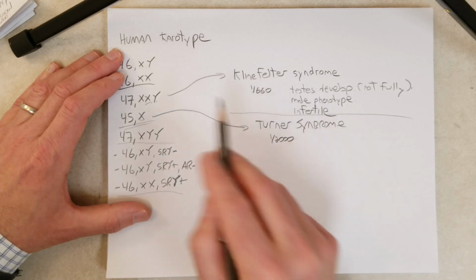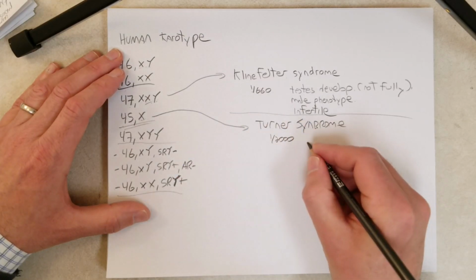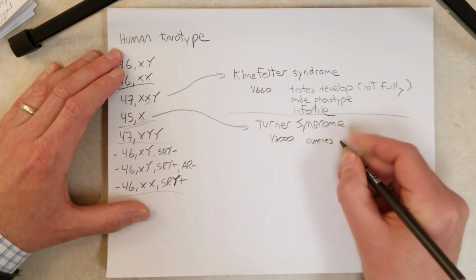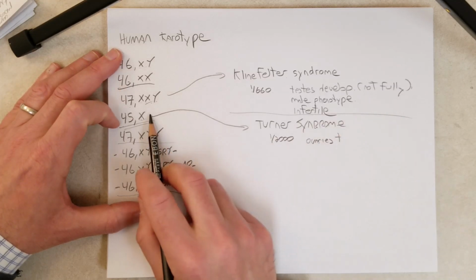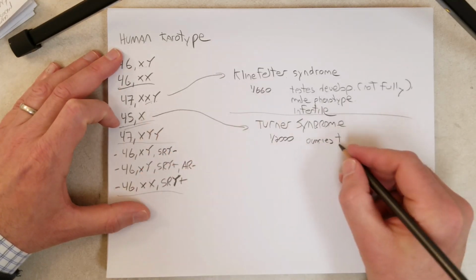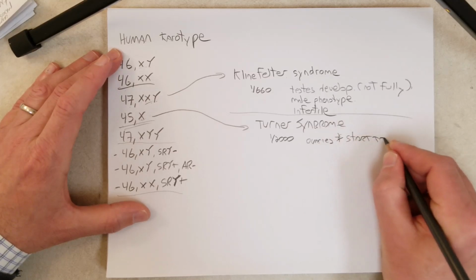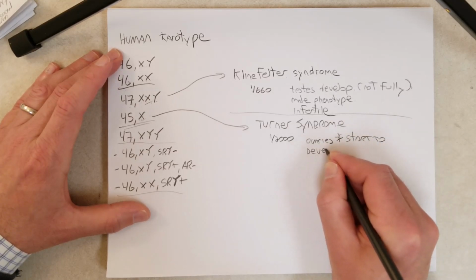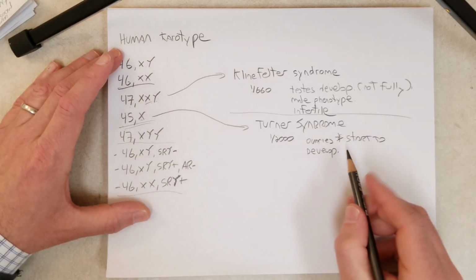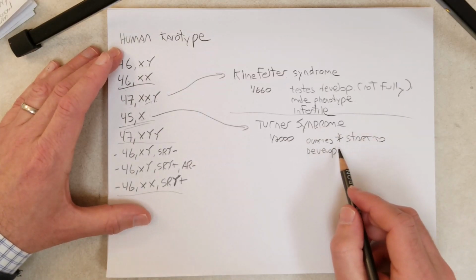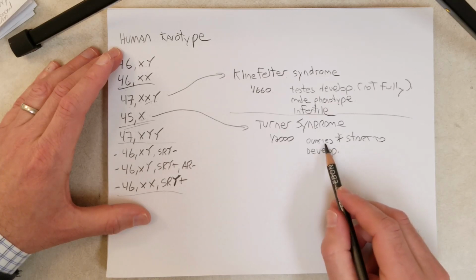So in Turner syndrome, the ovaries start to develop, right? Because there's no SRY gene. Ovaries start to develop, but then something goes wrong. And scientists think now, during embryogenesis in humans, as soon as the ovaries start developing, the oocytes start to enter meiosis, right?